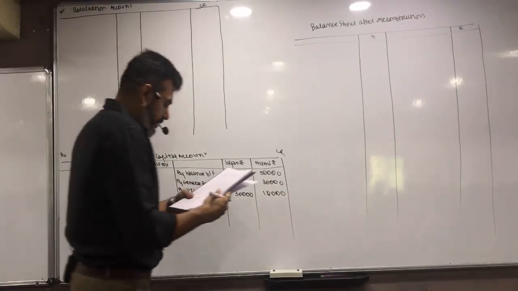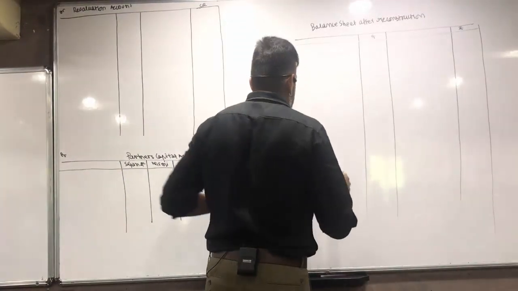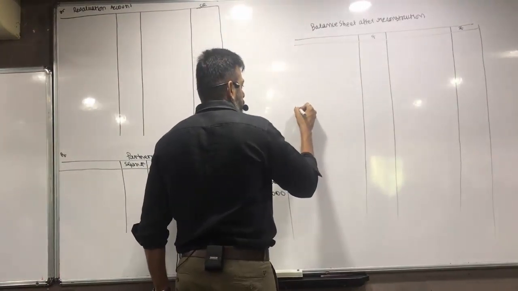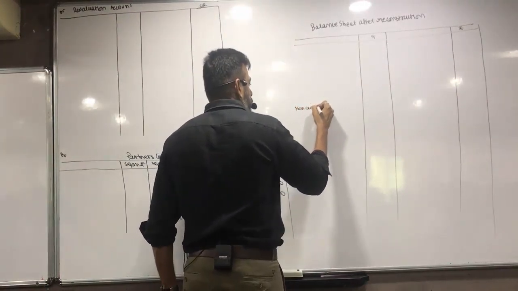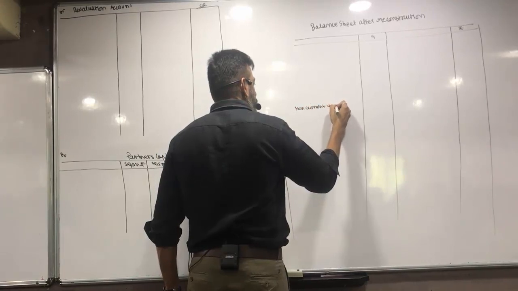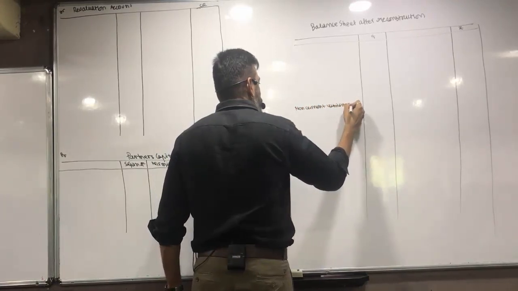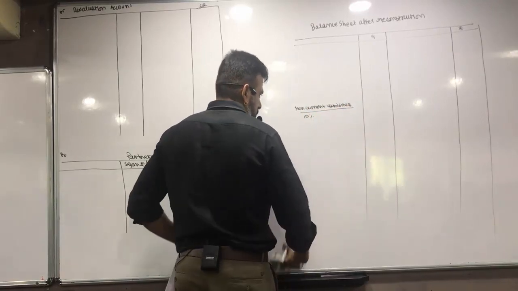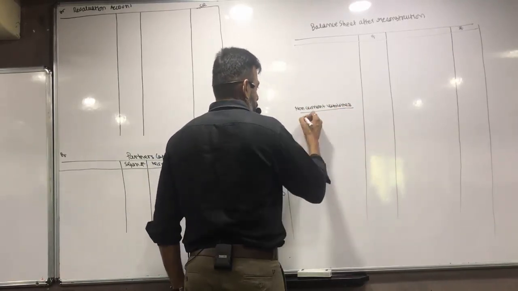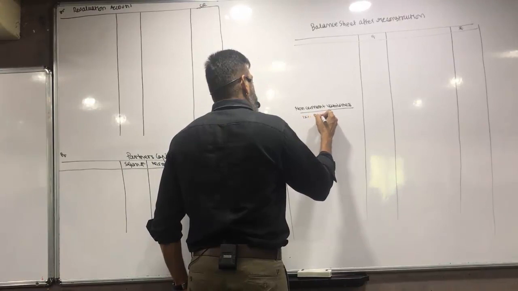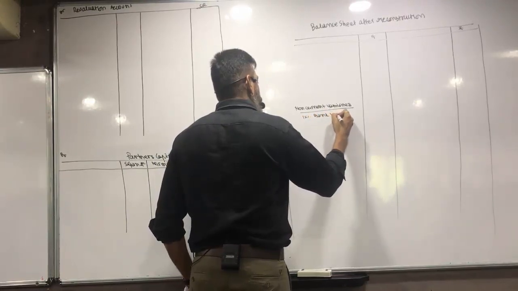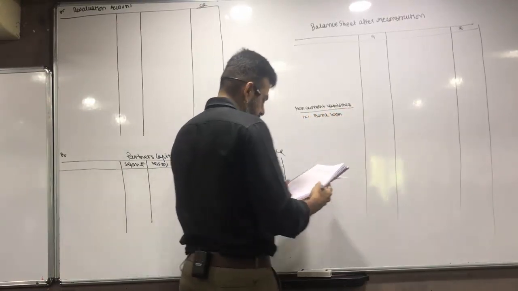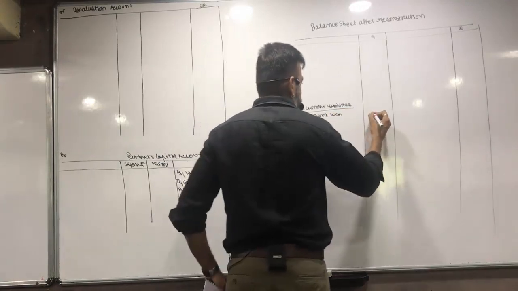Non-current liabilities, 12% bank loan 70,000.